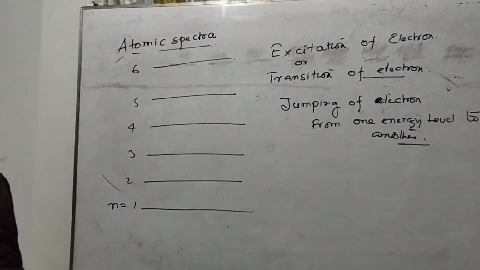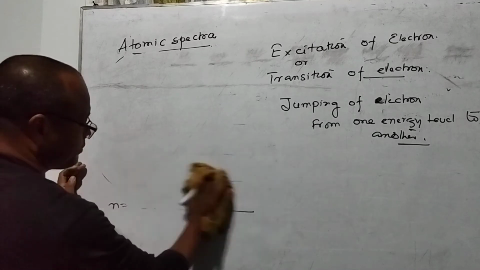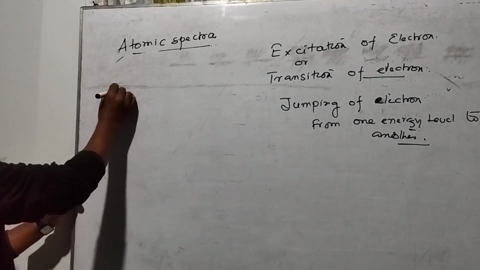What are the two different types of atomic spectra?